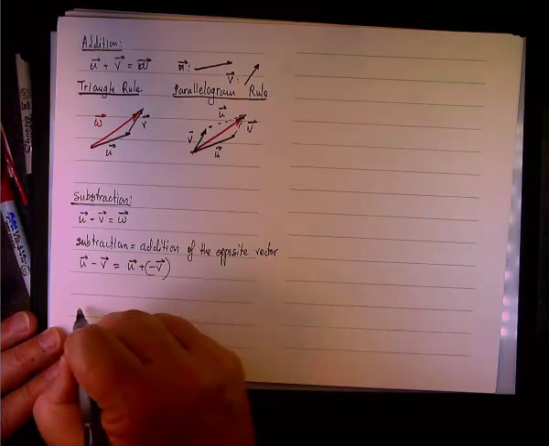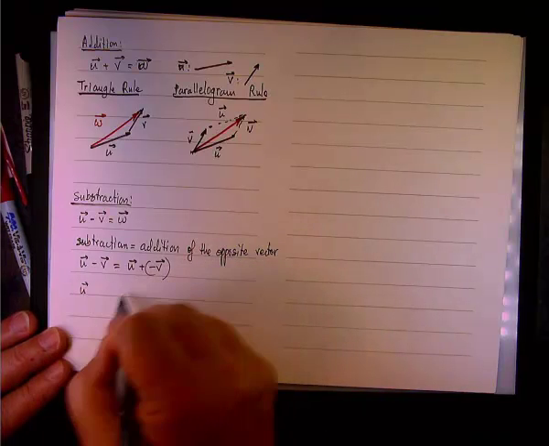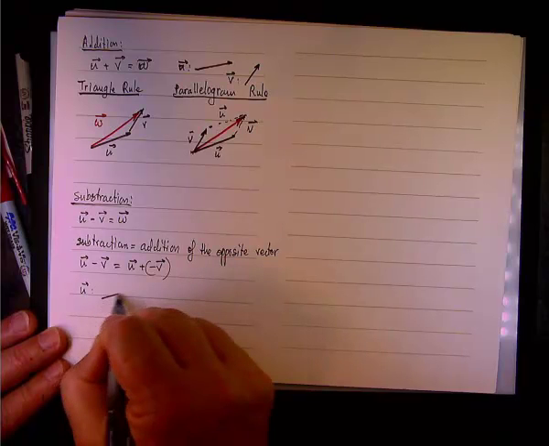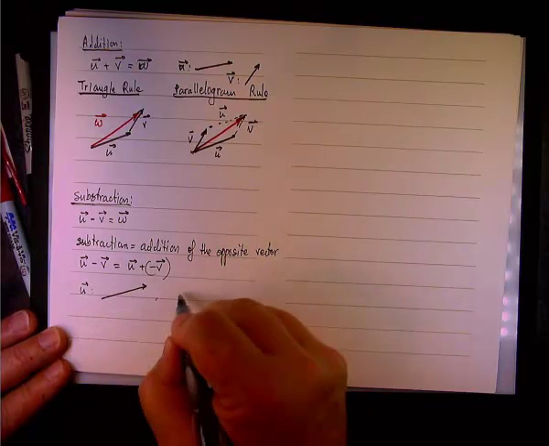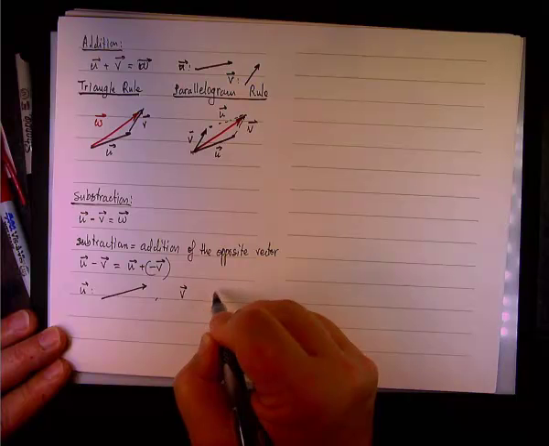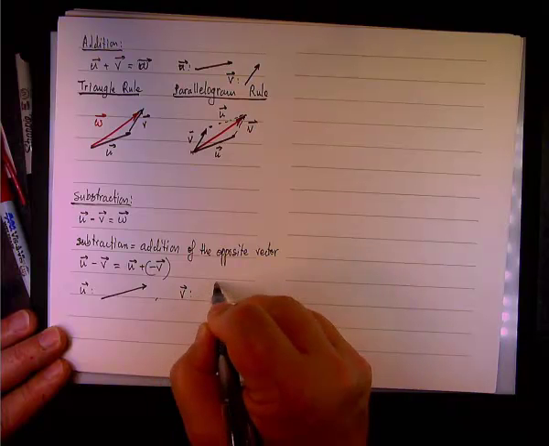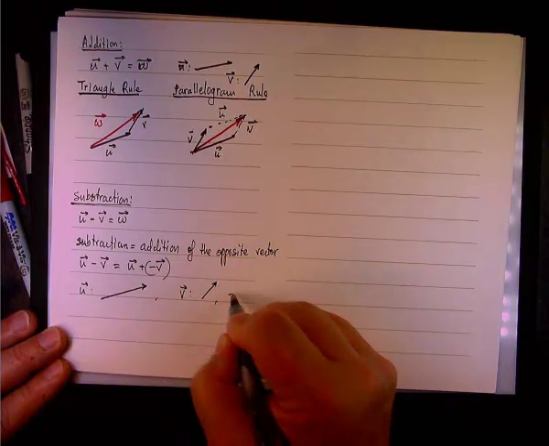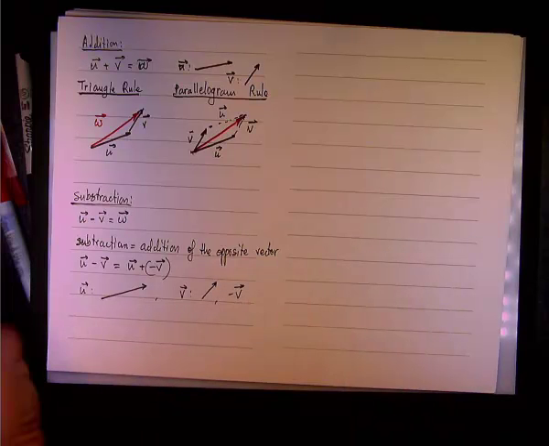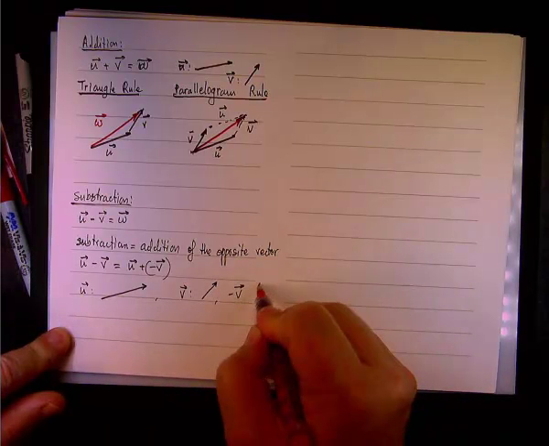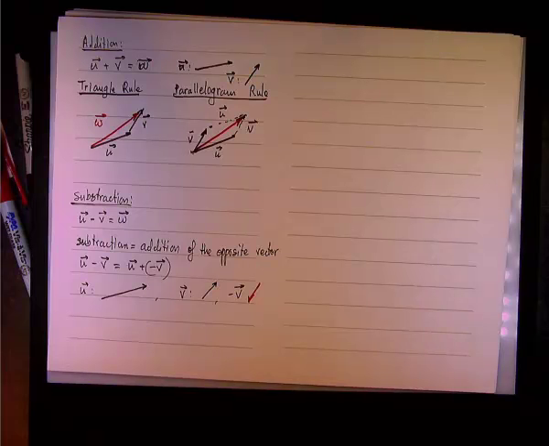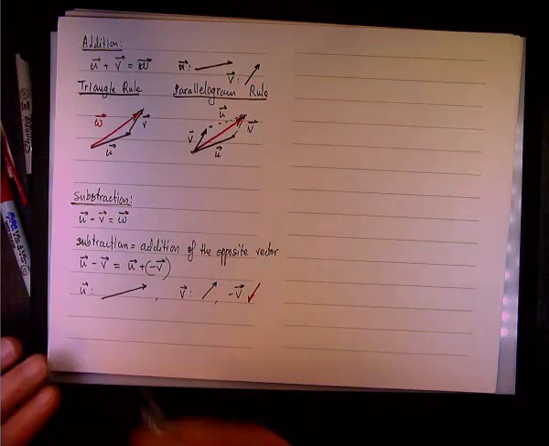For example, if we go with the same u and v that we had before, if u is this vector, and v is this vector, then negative v will be this vector.